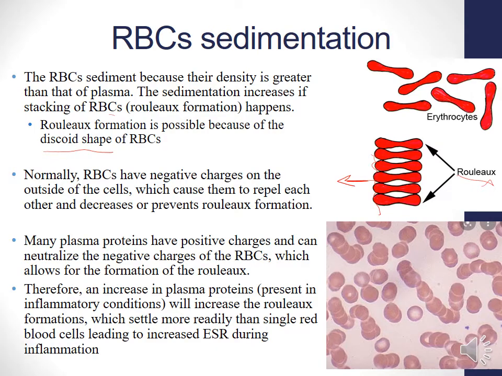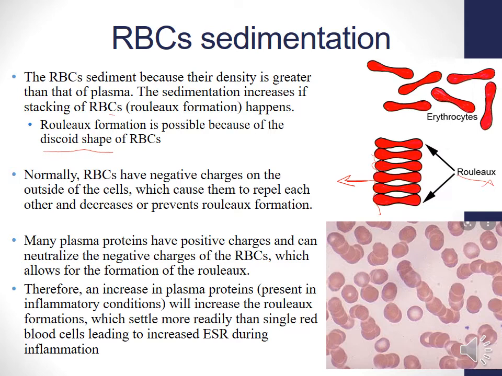Okay, but when inflammation is present, and you know that inflammatory conditions are associated with an increase in plasma proteins, different types of plasma proteins, and most of these proteins have positive charges.